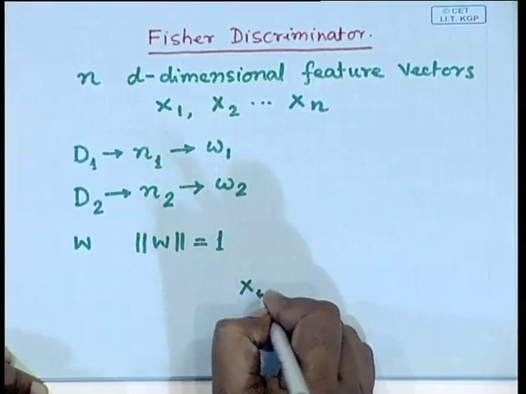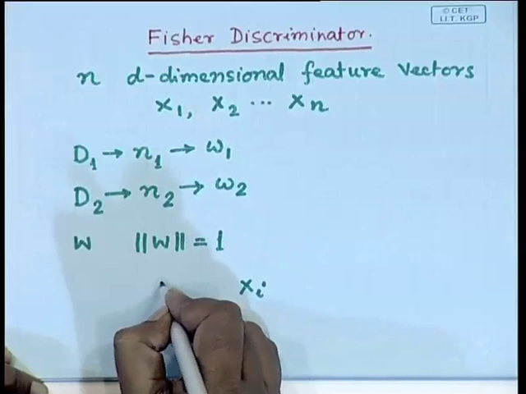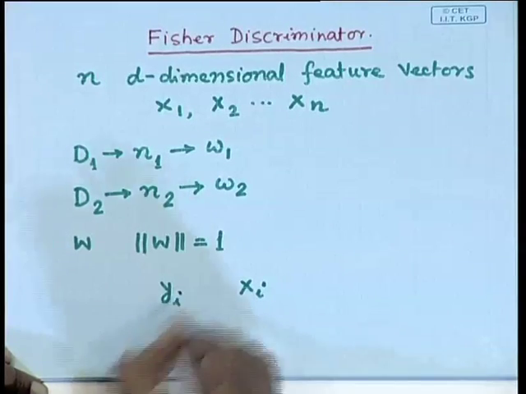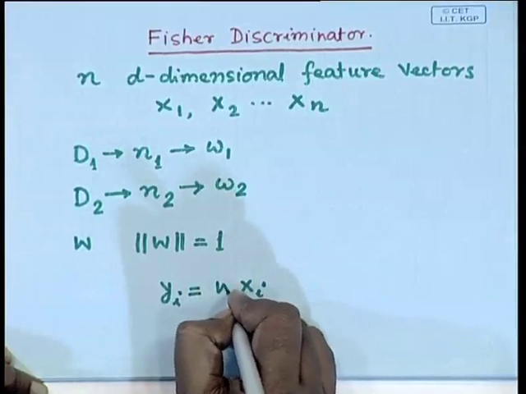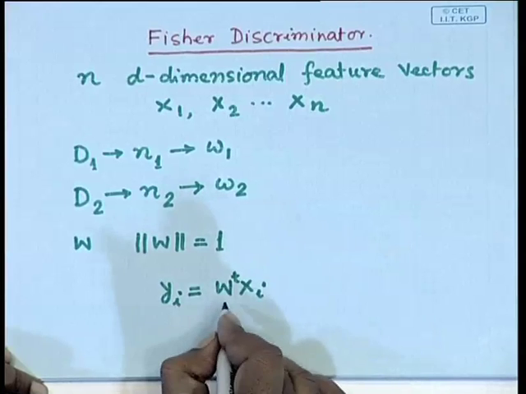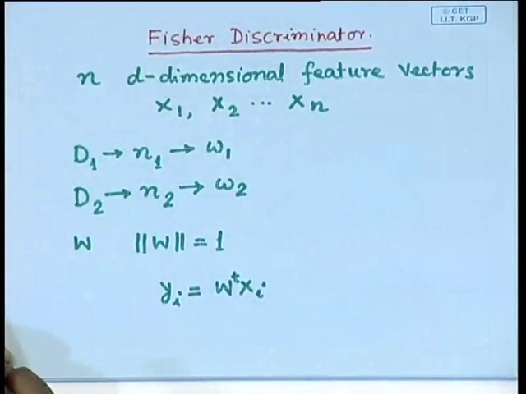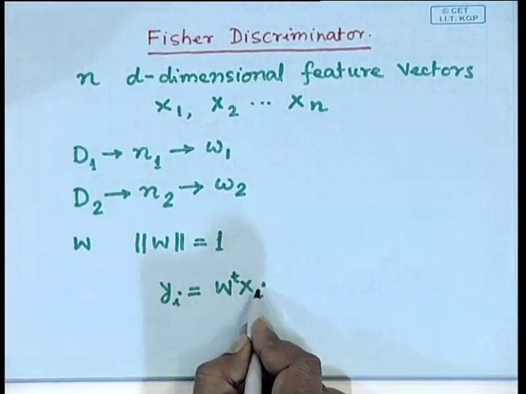When I take the orthogonal projection of the feature vector x i onto this projection line, I get the projected vector y i. Here, y i will be nothing but W transpose x i, because W is the unit vector in the direction of the line of projection, and x i is the feature vector in my original space.